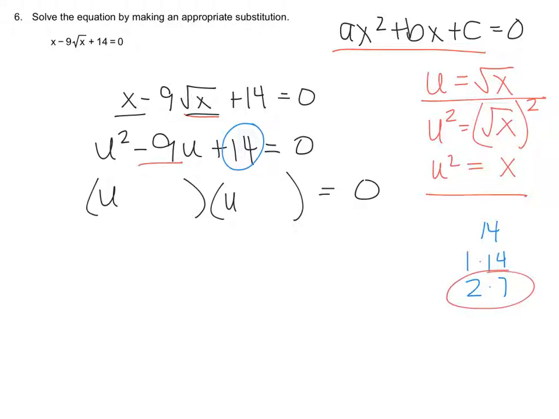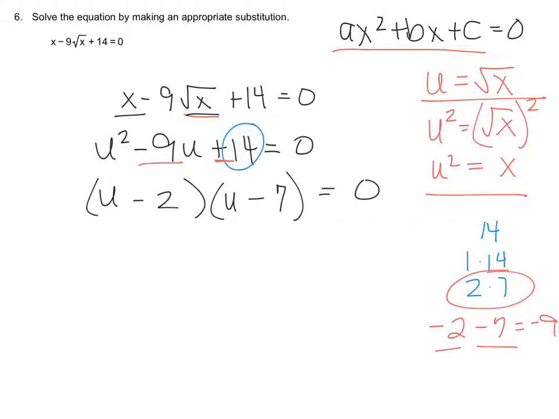If I choose 2 and 7, I know that I can do negative 2 minus 7 to give me negative 9. And this will check out because negative 2 times negative 7 will give me positive 14. So I'll put a minus 2 in one parenthesis and a minus 7 in the other.